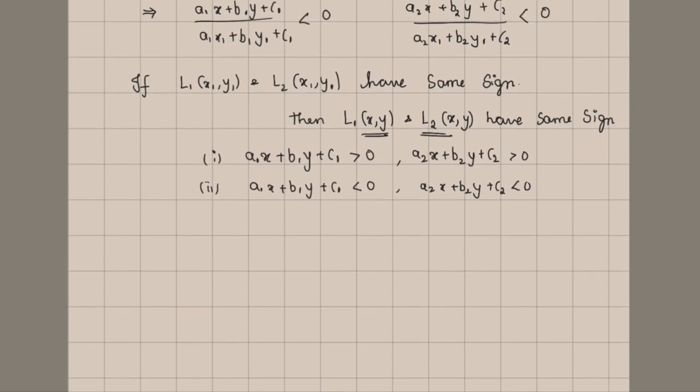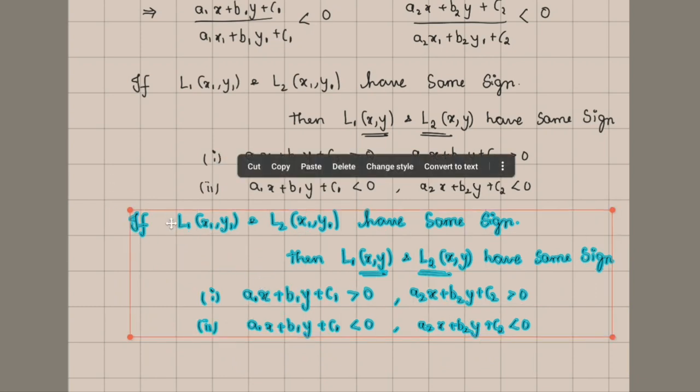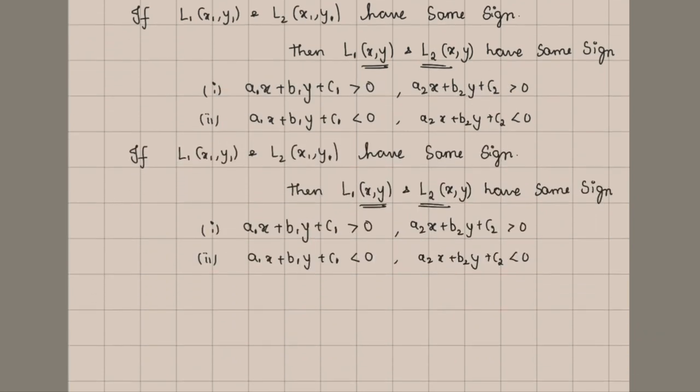Similarly, if L1 of x1 comma y1 and L2 of x1 comma y1 have opposite signs, then these two will also have opposite signs. So if L1 of x1 comma y1 is greater than 0, then L2 will be less than 0. Similarly, if it is less than 0, this will be greater than 0.